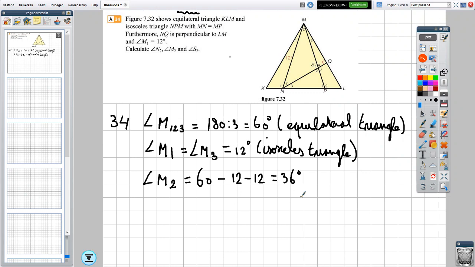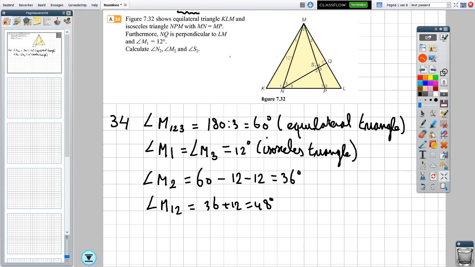Because I now know M2, it's now going to be a lot easier to calculate angle N2. Because I can now say angle M12 is going to be 36 plus 12, it's 48 degrees.